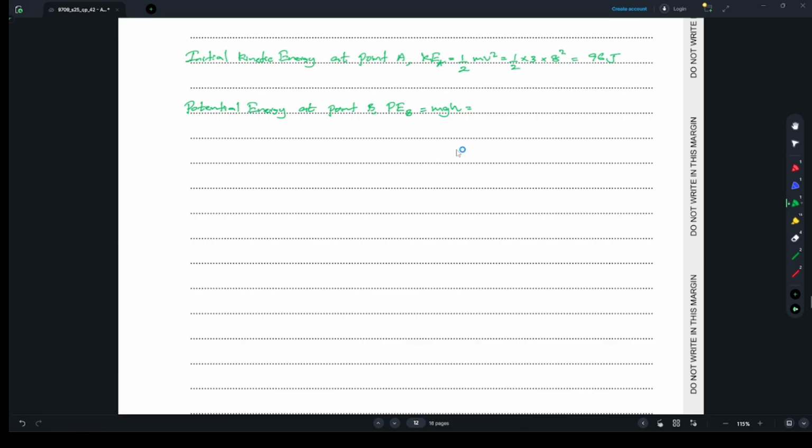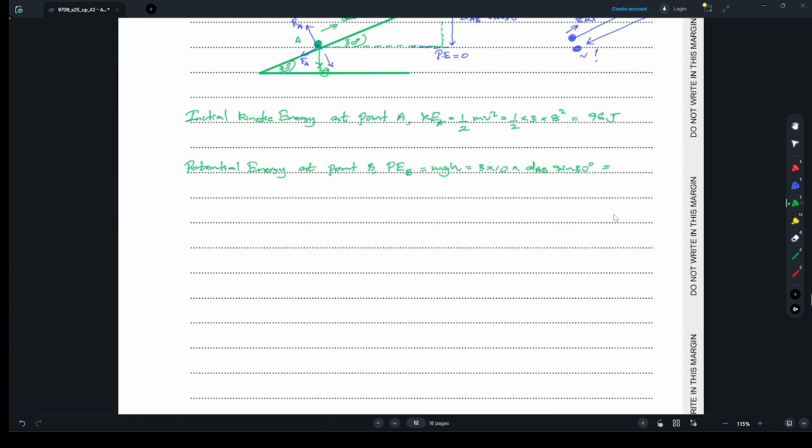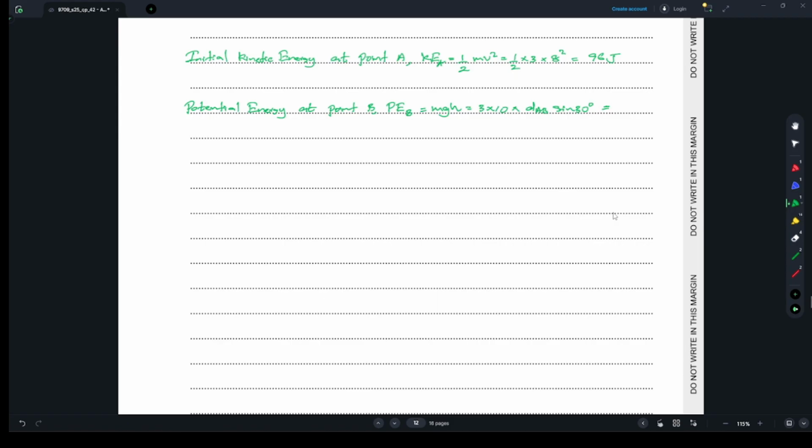Okay, mgh. So mass is 3, g is 10, and then height is DAB sine 30, right? Here DAB sine 30. So sine 30 is half, so it is 30 here. Okay, here 3 times 10, 30 divided by 2, 15. So I can write this is 15 DAB.